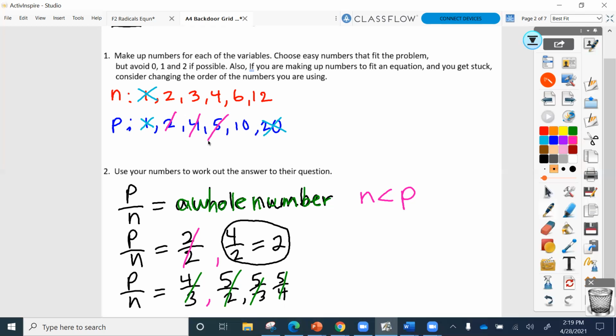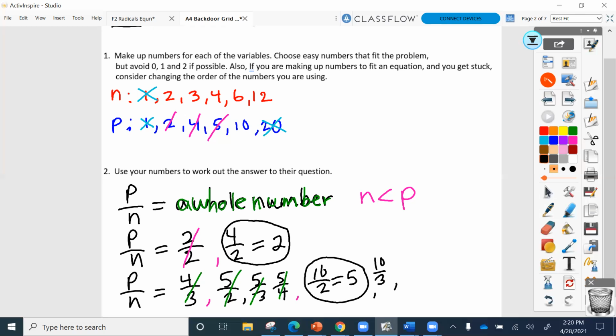All right, let's try 10. How about 10 over 2? Well, p is definitely greater than that, and it is a whole number, 5. So there's another possibility. Let's try some more. Let's say 10 divided by 3.